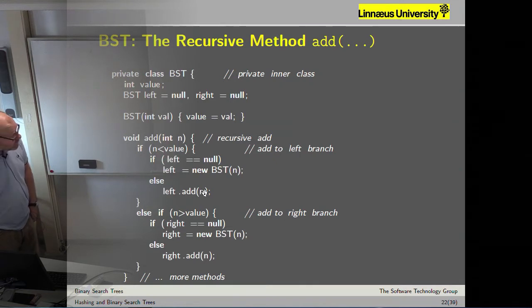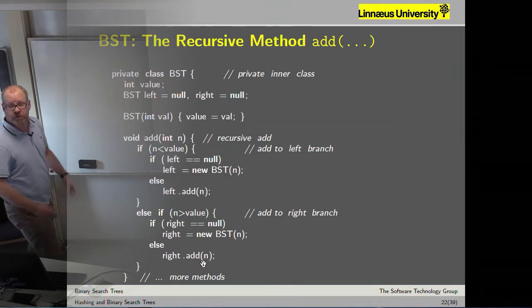So the add method in one node is calling the add method in the left child node. If the input n is larger than the value, we check if we don't have any right child, we create a new right child. Otherwise, we are asking the right child, add value to yourself.